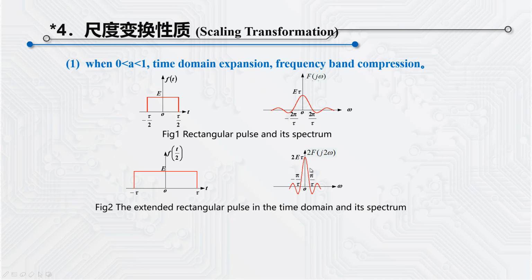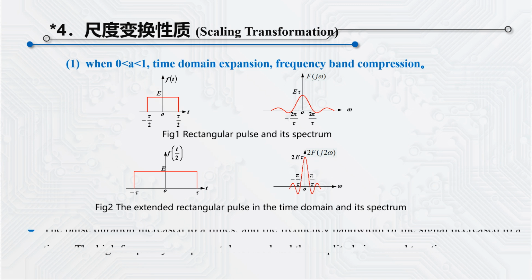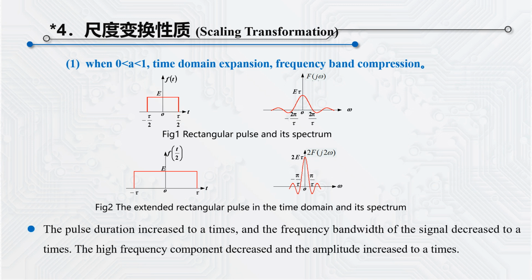So in physical sense, as for scale transformation, the pulse duration increased to a times of the original. Frequency bandwidth of the signal in the frequency domain decreased to a times of the original. Obviously, its high frequency component decreased. At the same time, its amplitude increased to 8 times of the original.